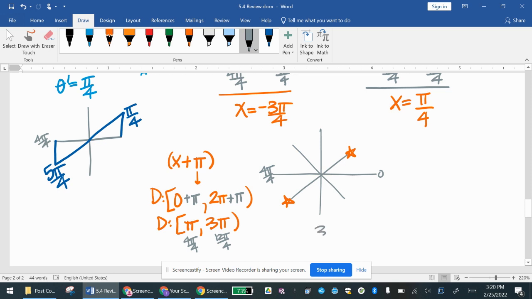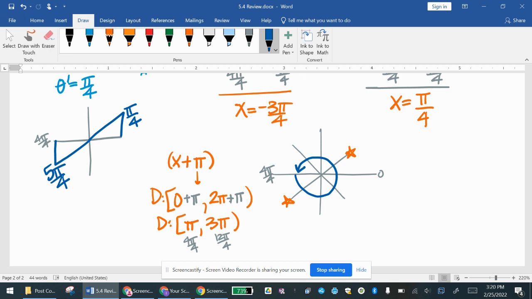So if you rewrite 3 pi with a denominator of 4, you get 12 pi over 4. Okay, so as I start from here, I'm allowed to go from here all the way to 12 pi over 4, which is going to bring us back all the way over here. So any answers within that domain.